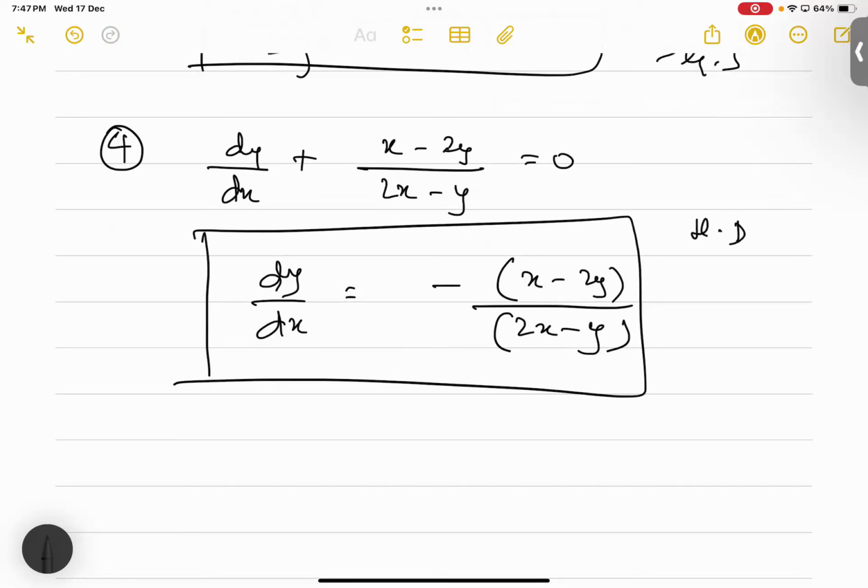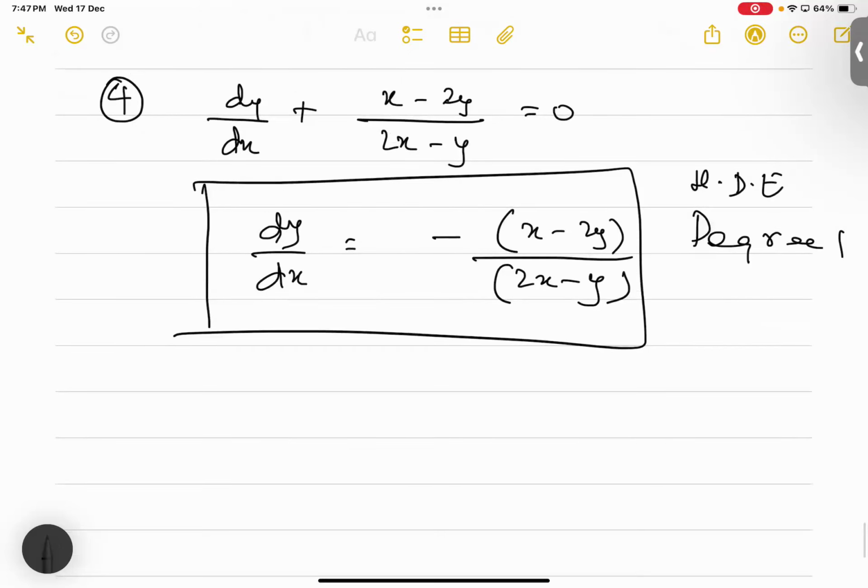HD with degree 1. HD with degree 1, right? Put y is equal to vx. That's it. Right, everyone?